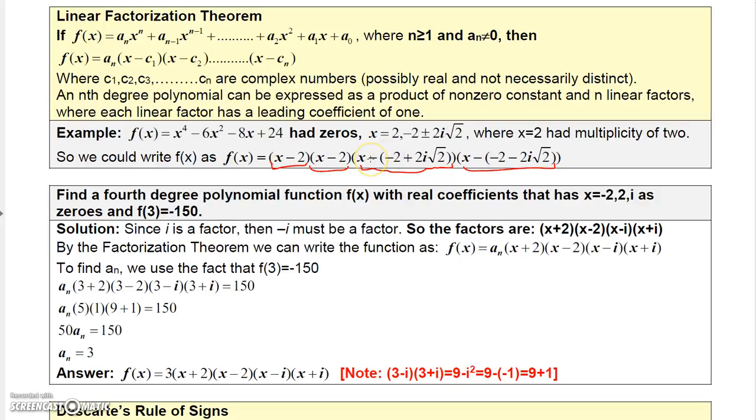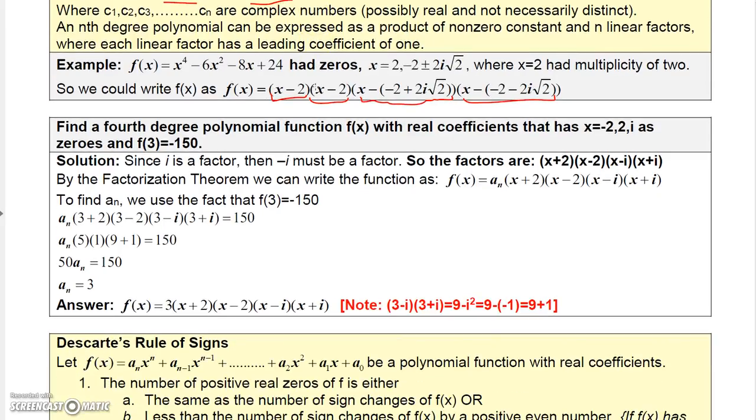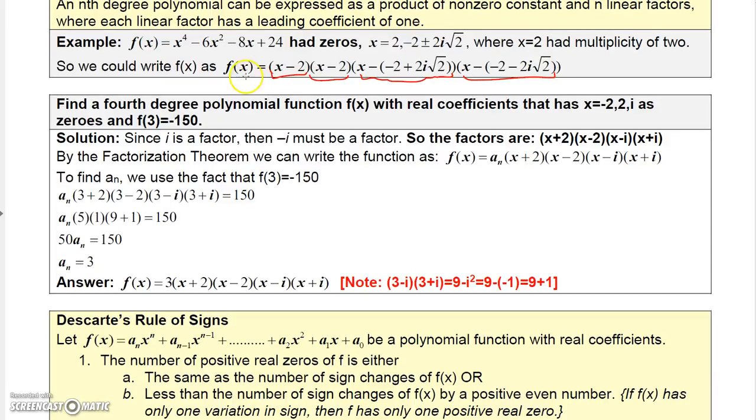Now, before I had this as plus, but that's because you could say this is plus 2 minus 2i square root of 2, and you could say this is plus 2 plus 2i square root of 2. But I wanted to rewrite it so that it's written in this form exactly, where it's x minus the roots. So that way it makes a little more sense for you. So basically that's what it says. Any polynomial can be written that way.